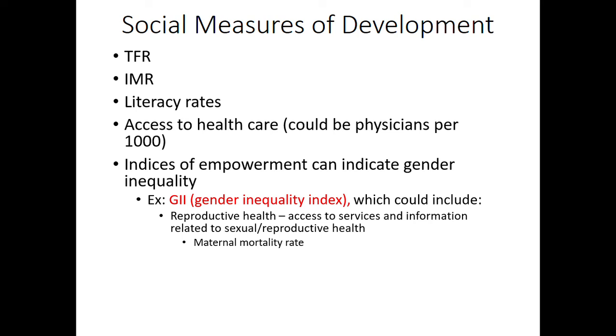So the maternal mortality rate can be a very good indication of how fair or equal your country is to its women. Are they really taking care of their women? And obviously, the most important time to do that is during pregnancy. Adolescent fertility rates also are a big factor in this statistic. This is how many births you have per 1,000 women aged 15 to 19.